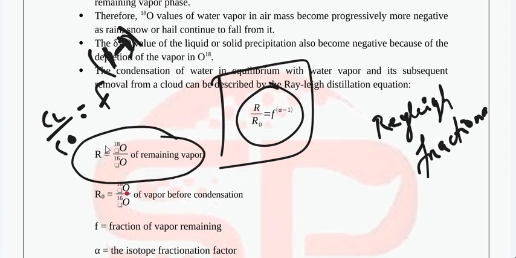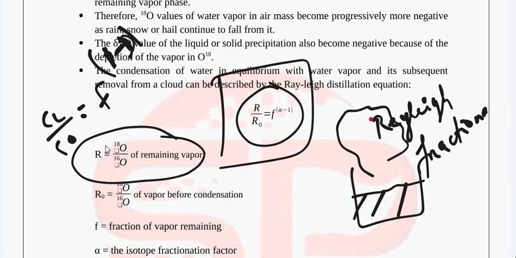Here R is the remaining vapor. Considering this is liquid and it is vaporized, now a cloud formed and rain fell. Now R is the remaining amount of vapor.